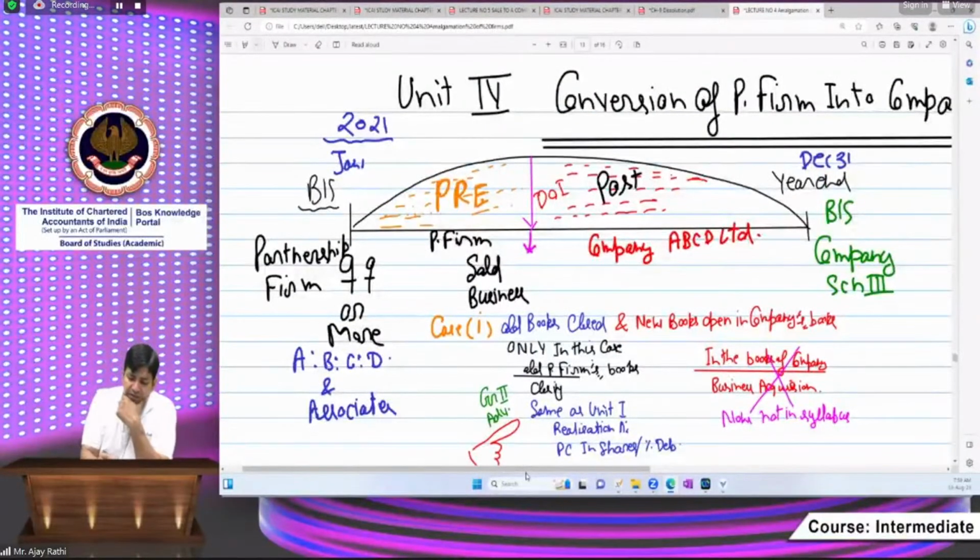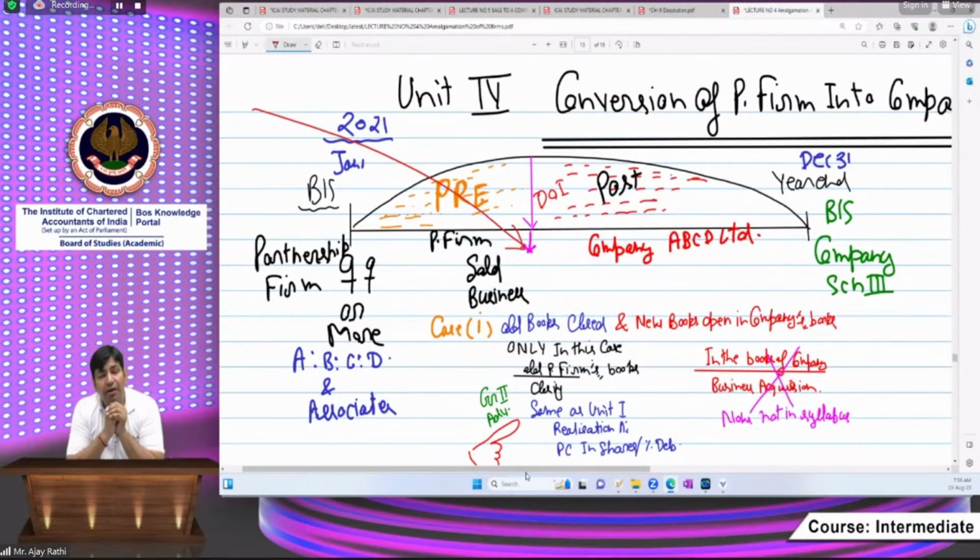Sir, we need the balance sheet of the date on which the business is being converted into a company, or you can say the existing partnership firm business is being sold to a company. Yes, sir. So we have to understand first what we require to start this unit's questions. We need the balance sheet on the date on which the business is being sold. Definitely.